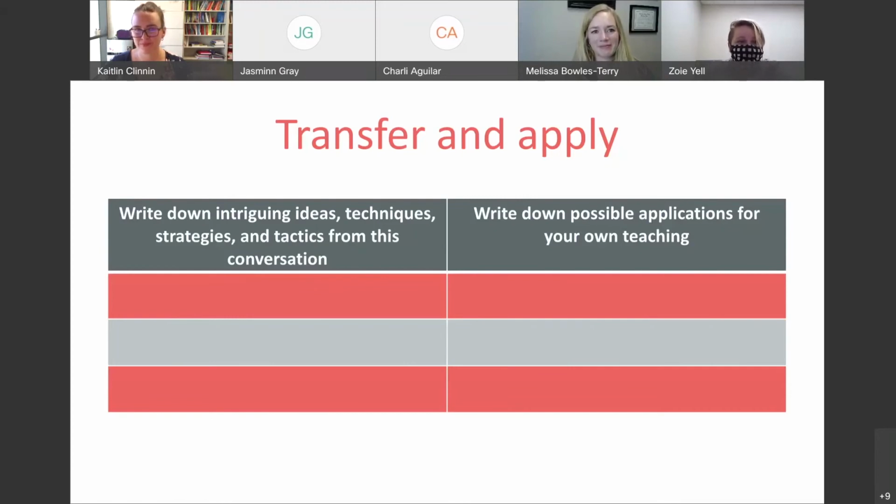Having the group roles when we do the breakout sessions will make it so that everyone has a task that they have to participate in, but also to have them switch it up. So each time we're hearing from different people, and each time students get to try out a different task within their group.